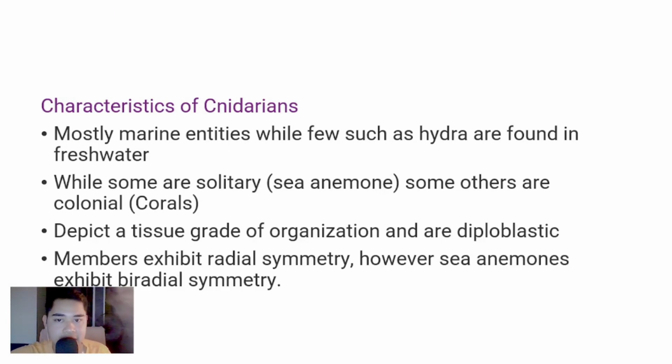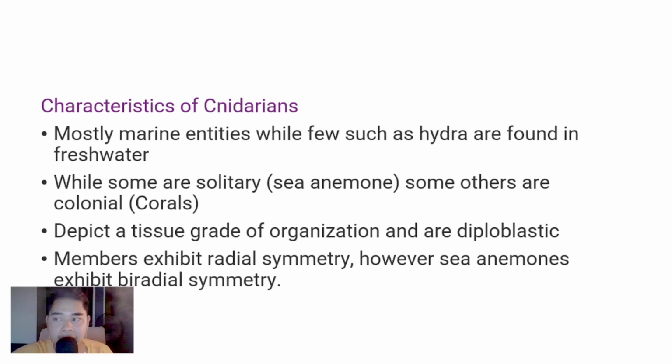These are the characteristics of cnidarians. Mostly they are marine entities, while a few such as hydra are found in freshwater. Only a few are found in freshwater, most of them are in salt water. While some are solitary, like the sea anemone, some others are colonial, just like the coral reefs, diba? They are in a group, in a place where there are multiple groups.